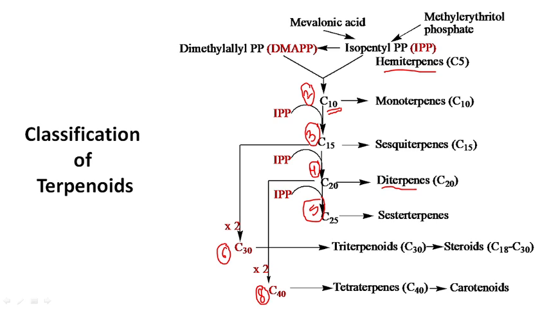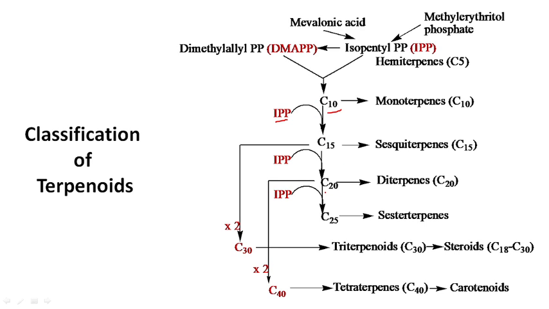The attachment process for the formation of C10, C15, C20 and C25 is usually the same. For the formation of a C15 derivative, there is attachment of IPP to the C10 derivative, means 10 plus 5, 15.